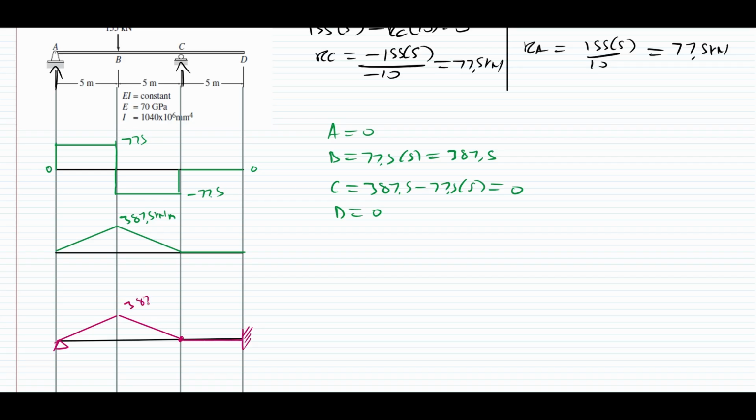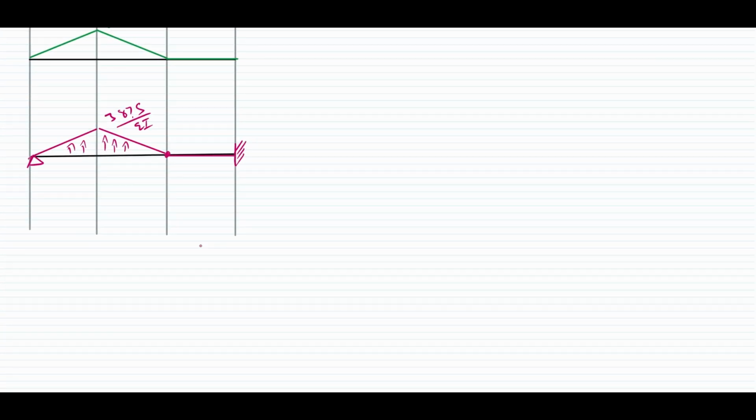Give you 387.5 divided by I. Your lines are going up. We have 5 meter, 5 meter, and 5 meter. That's your A, B, C, D. With a hinge, you can separate your beam into two parts.